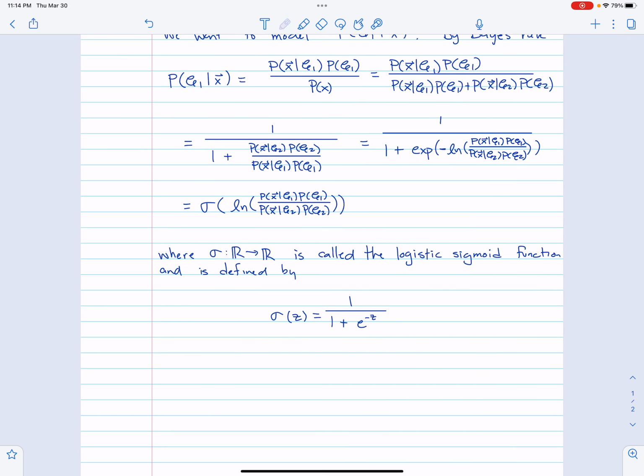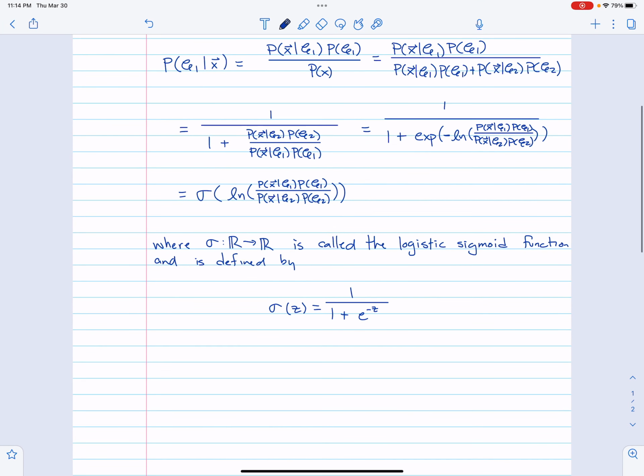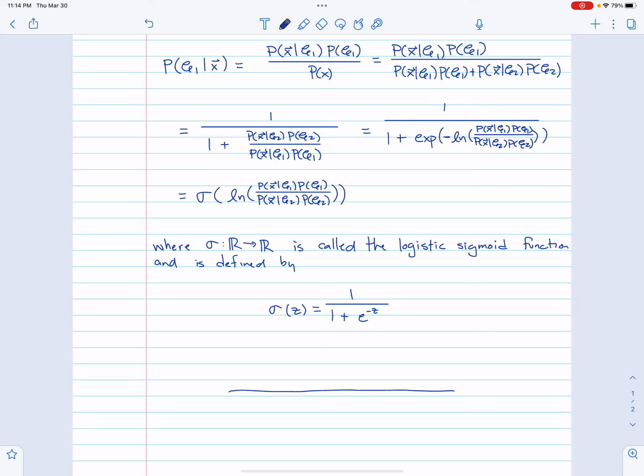If you were to graph this sigmoid function, you would notice that the function is always positive. Because of this negative exponent, as z goes to negative infinity, this exponent goes to positive infinity, therefore this denominator goes to infinity, and the whole thing goes to 0.